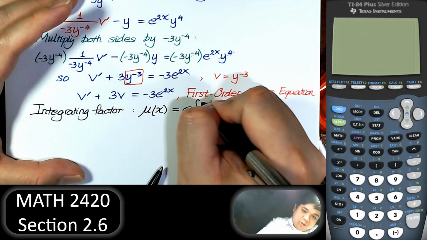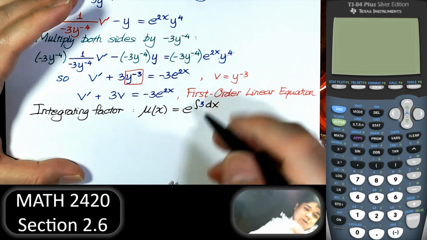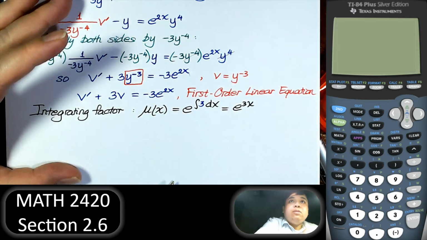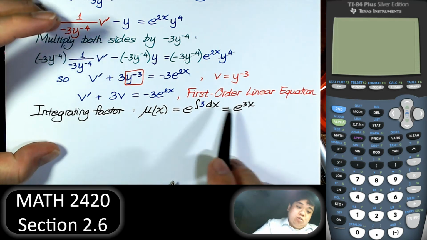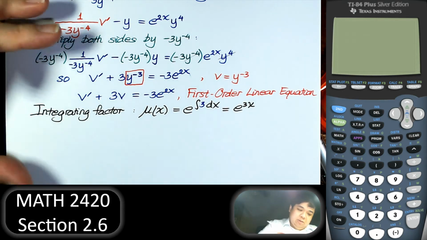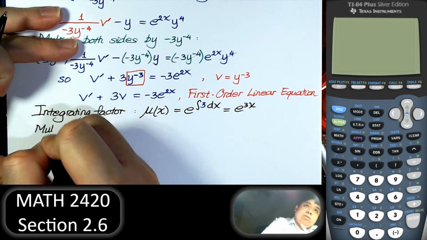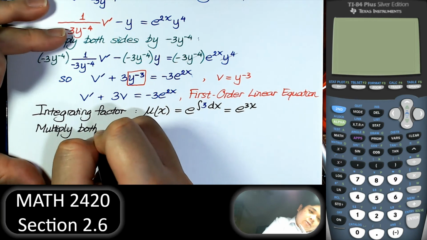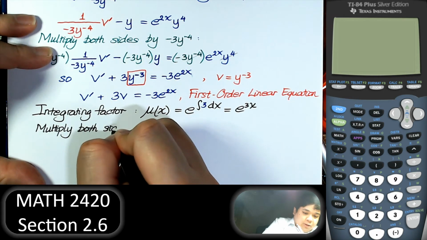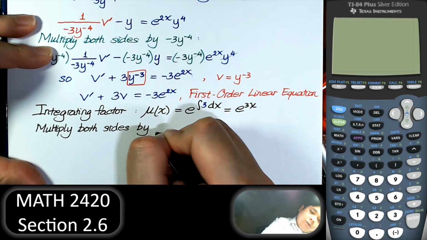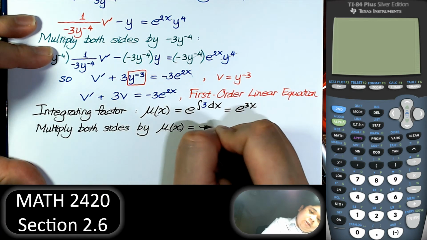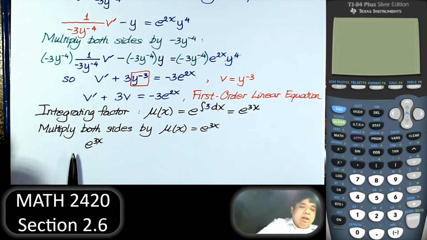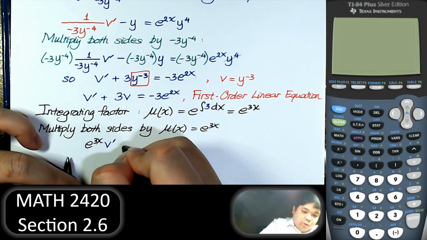So that is e to the 3x, since the integral of 3 is 3x. And then multiply that on both sides. So we have e to the 3x. Now this is just a linear equation that we saw before.